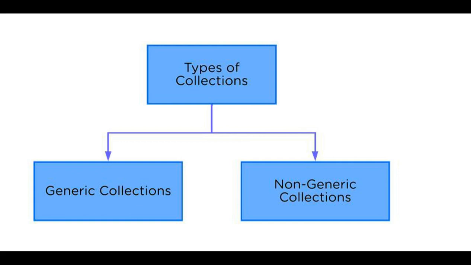So any type can be an object, and the non-generic types just store objects. Generic collections are generally more efficient in terms of both execution speed and memory usage. And I won't go into that because that entails something a bit more advanced, something called boxing and unboxing. This is a beginner's video, so we're not going to really discuss those concepts in this video.